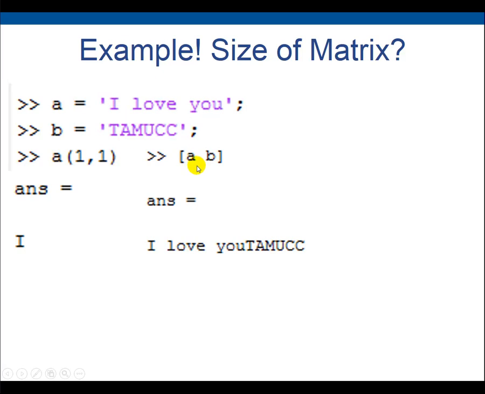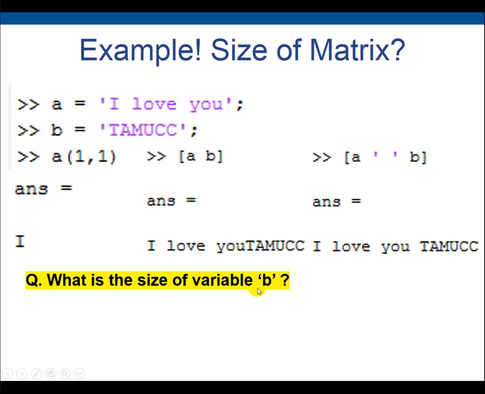We can also combine two string data. You can use brackets, A space B, and the answer is I love youTAMUCC, but here there is no space between the two words. If we put one space in quotation marks, which is actually one character, a blank space, the answer is I love you, one space, and TAMUCC.